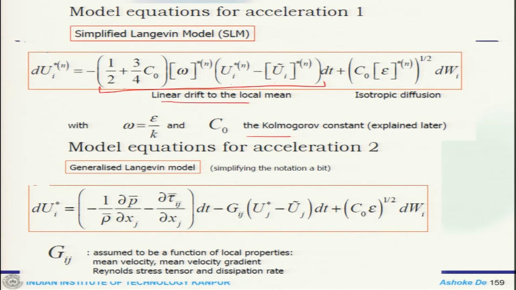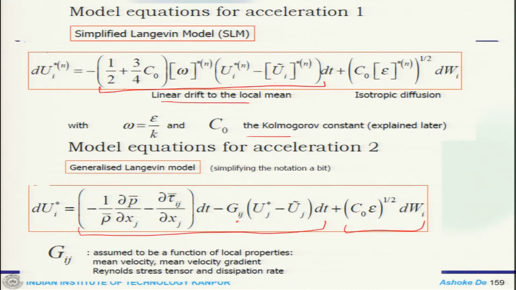But then there is another model, which is the generalized Langevin model. How does it calculate this drift? There is a diffusion which is a Wiener process, then it has a pressure gradient and shear stress gradient, and then there is another process. The function g depends on local properties: mean velocity, velocity gradient, stress and dissipation rate.